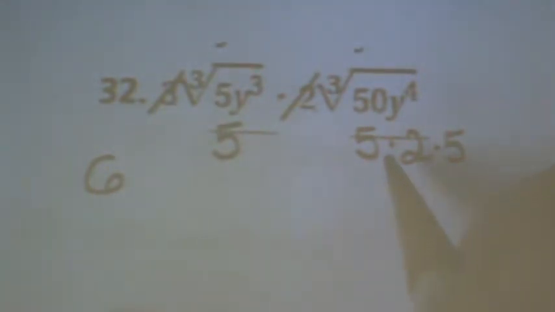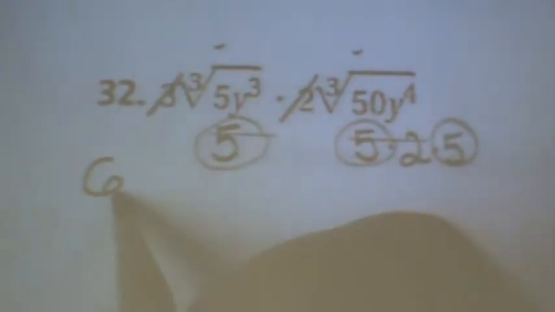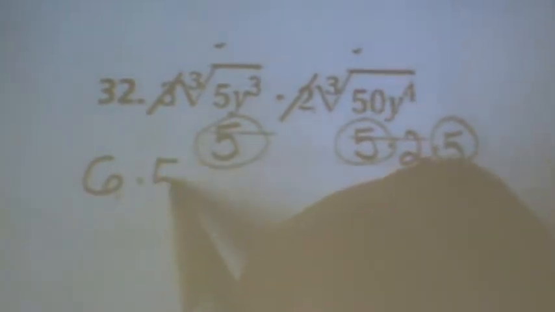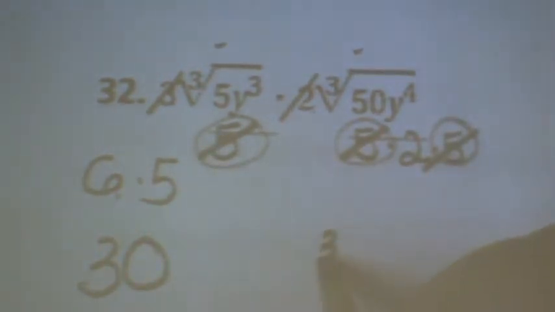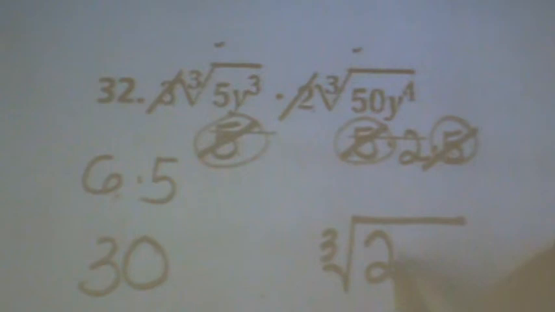So 5 times 10 is 50. So I've got 3 5's here. So I'm going to take these 3 5's out and multiply it by this, so 6 times 5 is 30. So I'm done with these 5's, but I still have the cube root of 2 left.